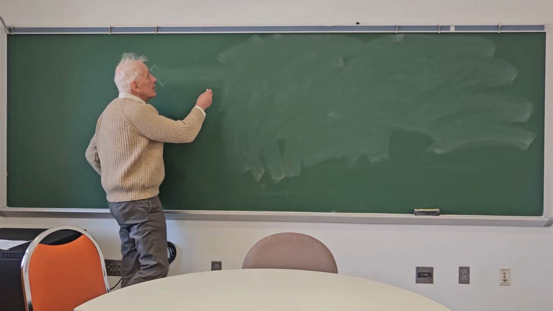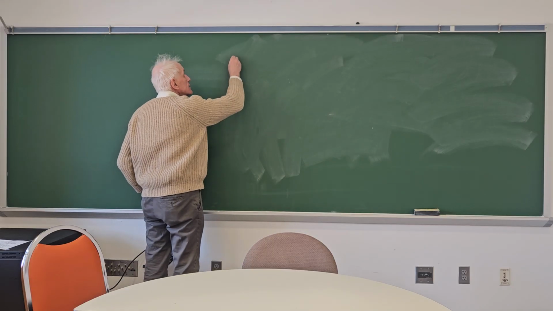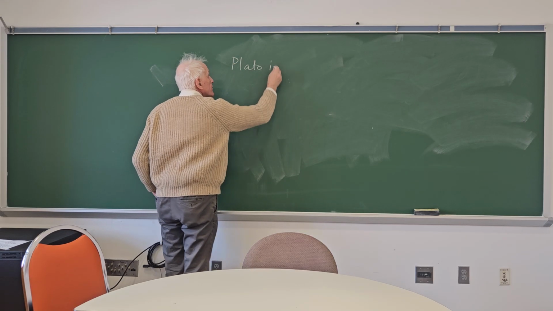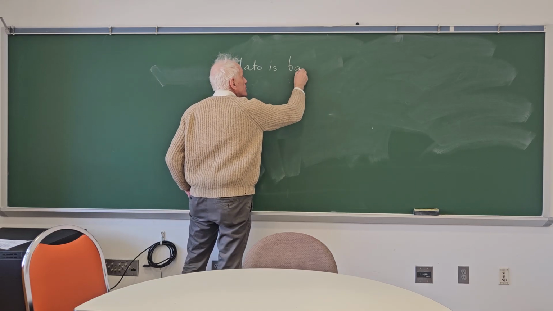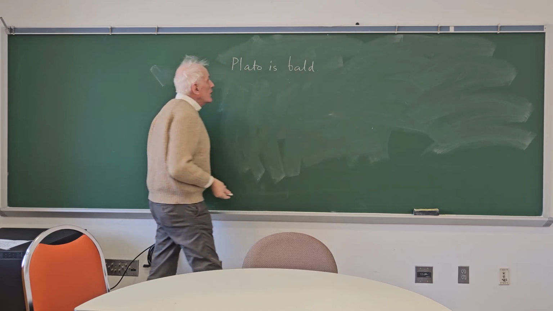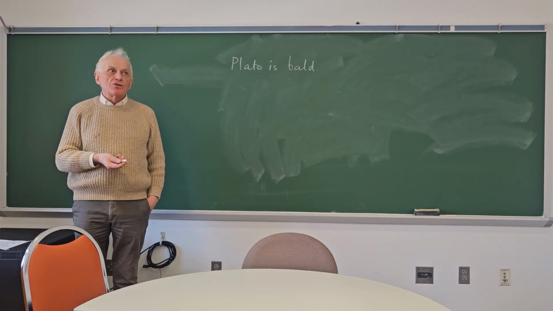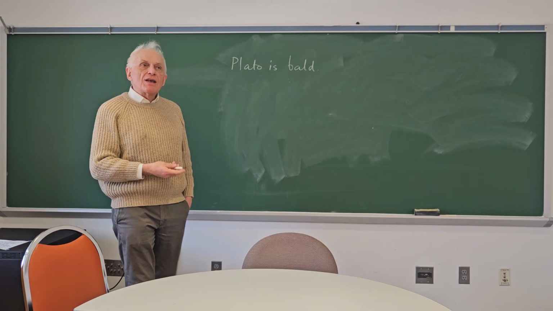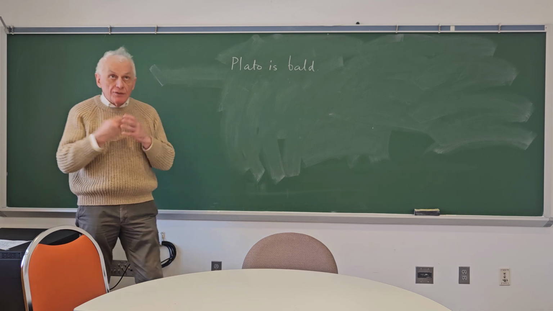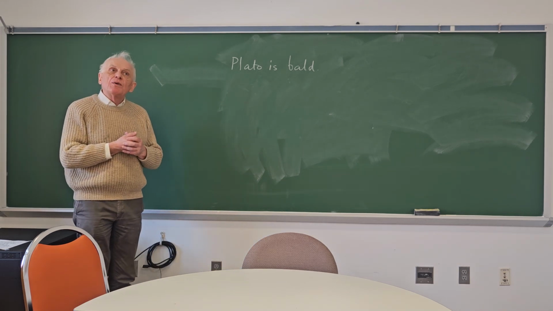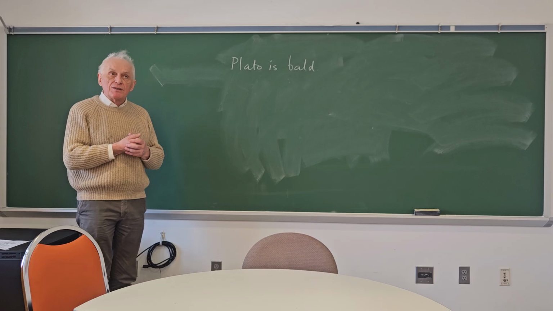So if we take a sentence like Plato is bald, this is an atomic sentence of sentential logic. What that means is that it's a complete sentence, but it doesn't contain anything within it that is also a complete sentence.